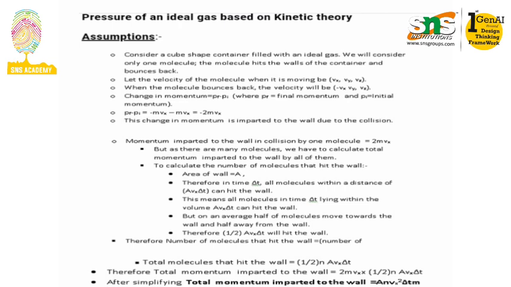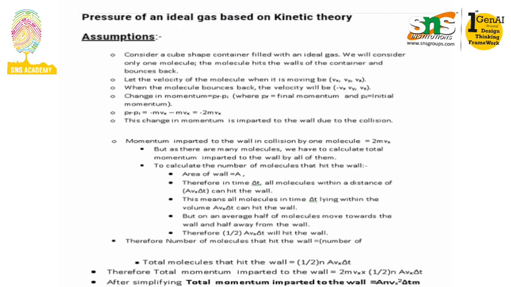Therefore 1 by 2 A Vx delta T will hit the wall. So the number of molecules that hit the wall will be equal to the number of molecules away from the wall. So the total molecules that hit the wall will be equal to 1 by 2 n A Vx delta T.